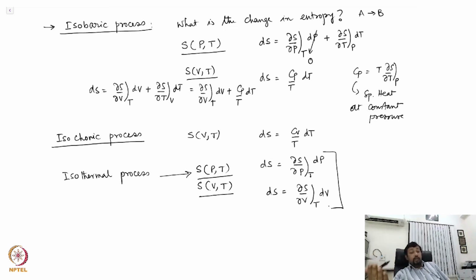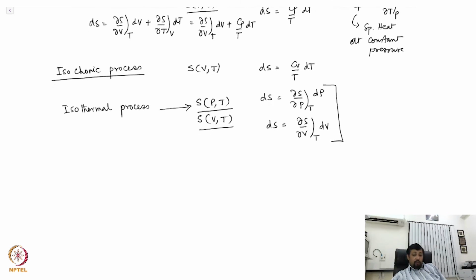If you're asked to calculate the change in entropy, given that your pressure doubles, then you use the first relation, S as a function of P and T. If you're given the information that your volume doubles or halves in the isothermal process, and asked what is the change in entropy or how much heat is taken, then you do it the second way. You take the second relation. So you essentially get the general idea of how to deal with thermodynamic processes and thermodynamic systems.